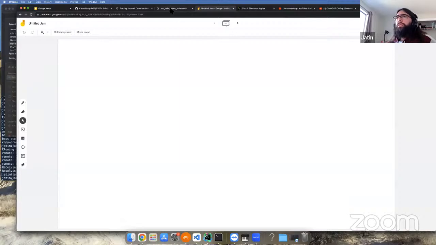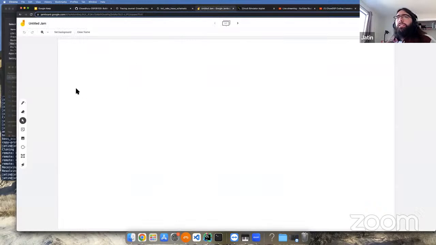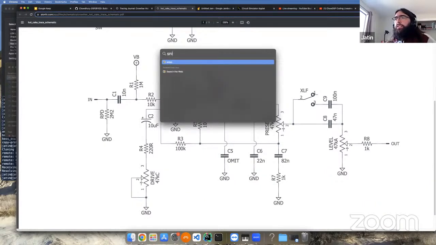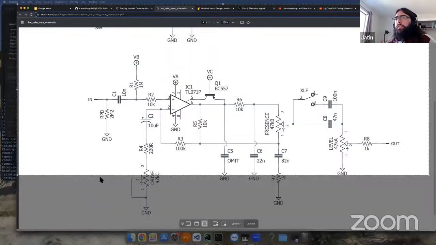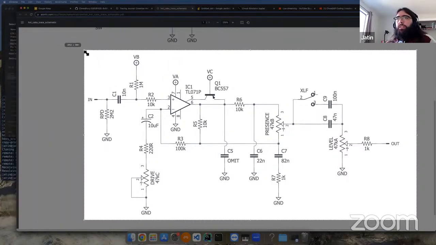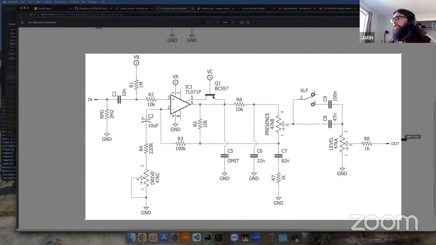Try to do a little whiteboard kind of thing here, and maybe can I actually just drag the circuit in? That would be nice. What's it called? Screenshot. Let's see if we can get a screenshot of just this circuit here, and then pull that into our whiteboard.